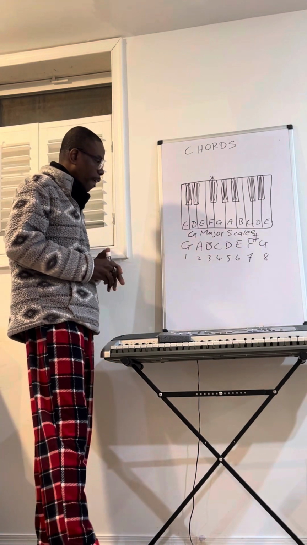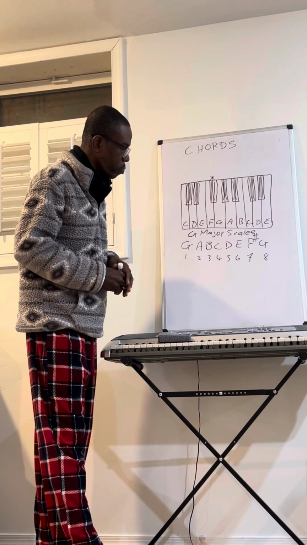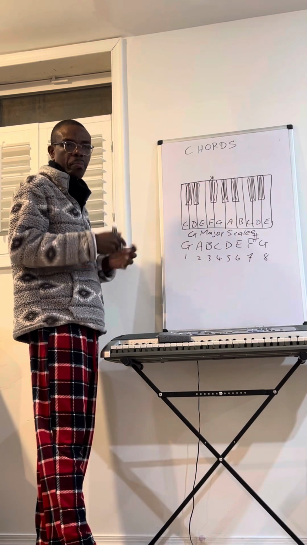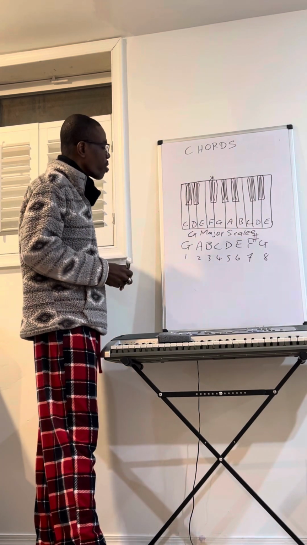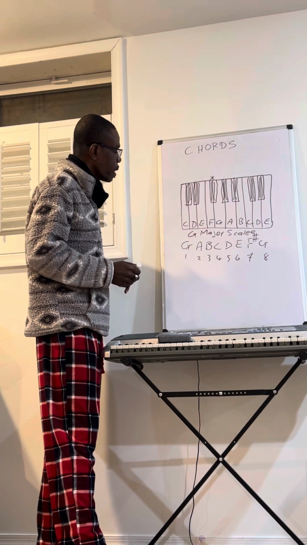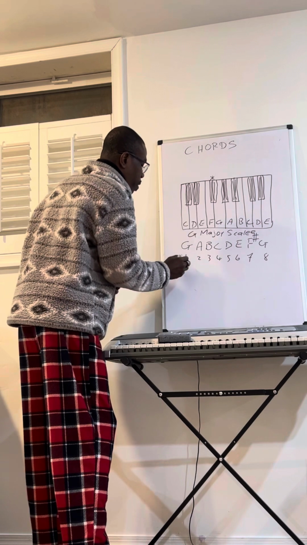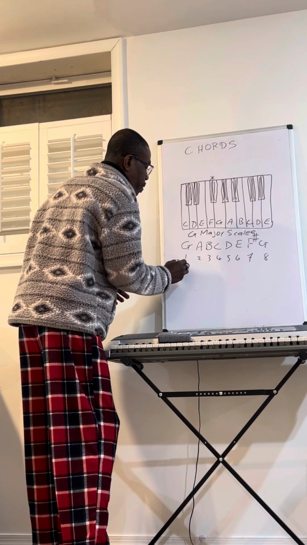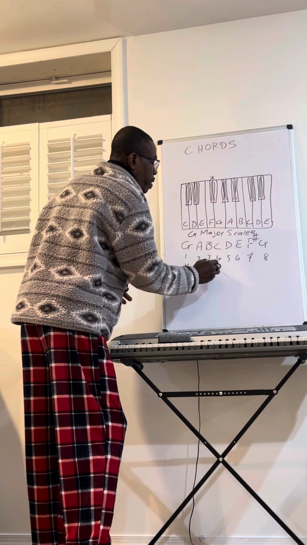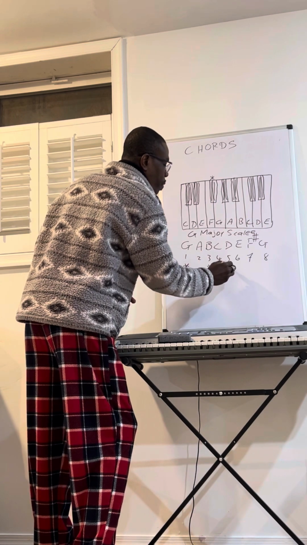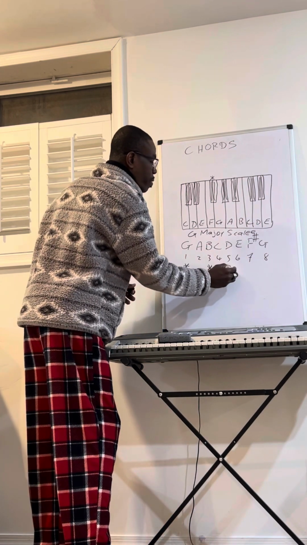So how do we know which chords to use? How do we make chords? Chords are basically from a scale. You choose the first, third, and fifth notes, and that's a chord.